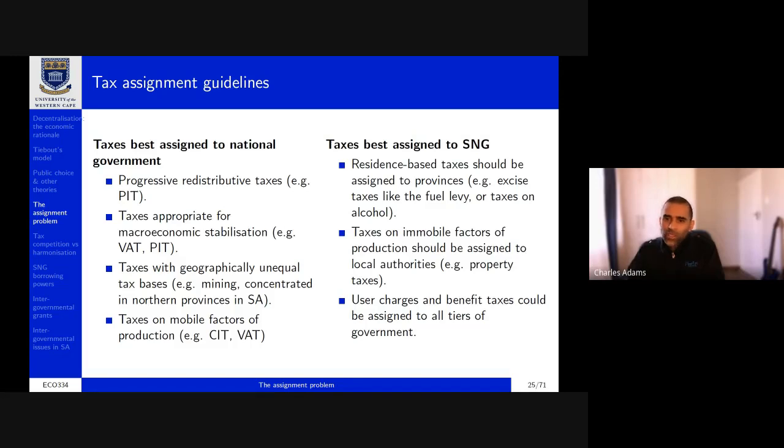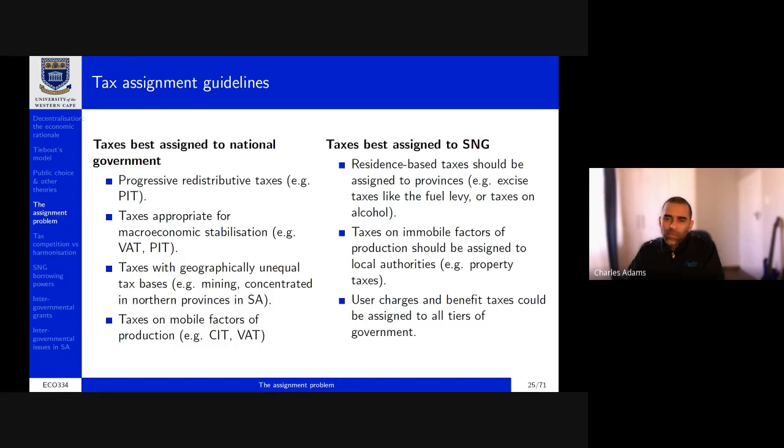Okay, taxes best assigned to subnational government include residence-based taxes, such as taxes on fuel levy or taxes on alcohol. Also taxes on immobile factors. There's a lot of compliance involved, for instance, with alcohol.